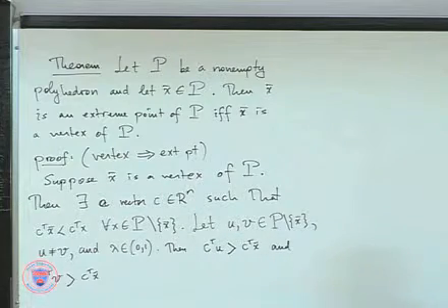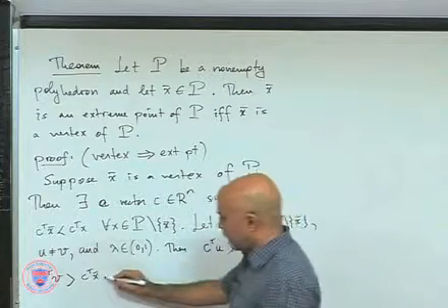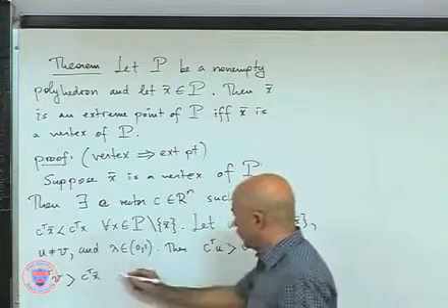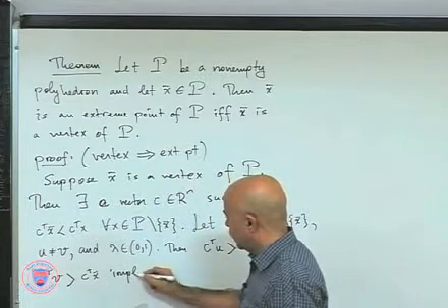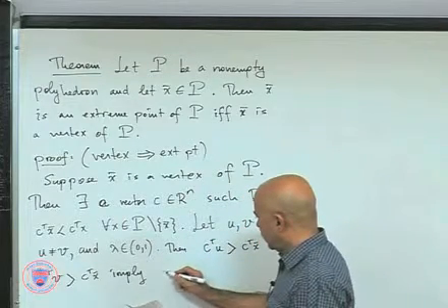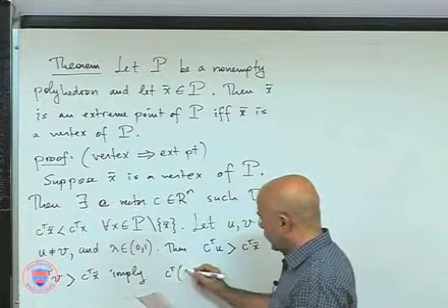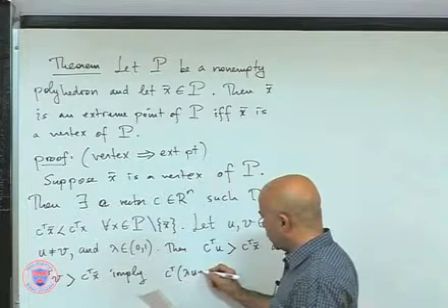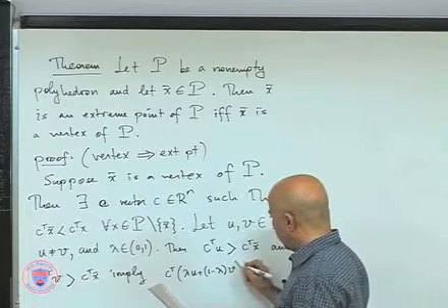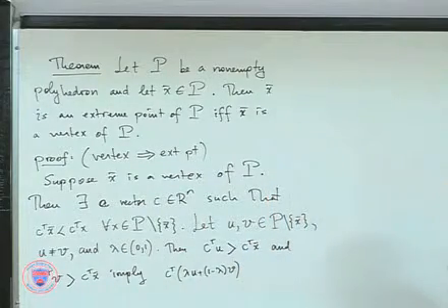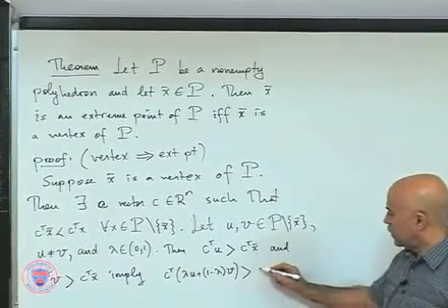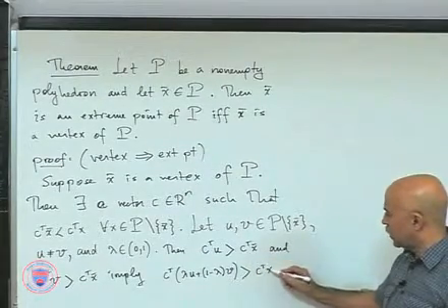Okay? So when you form the convex combination, which is C transpose of lambda u plus 1 minus lambda v, when you look at this, this is necessarily greater than C transpose x bar.